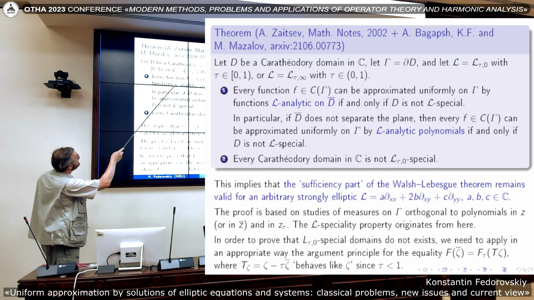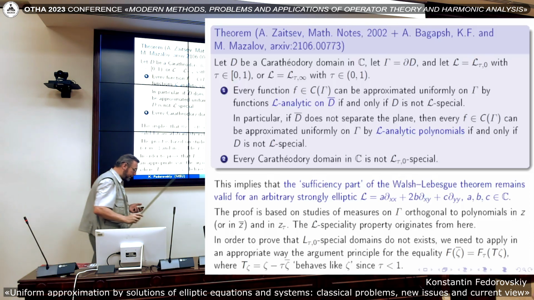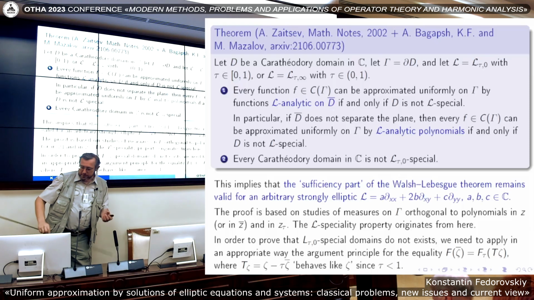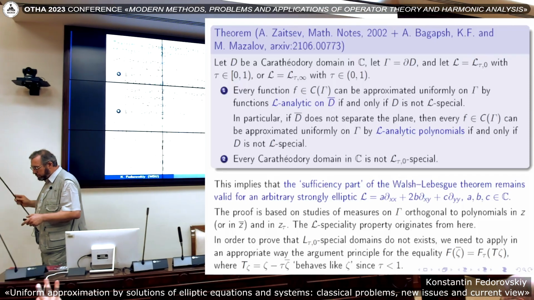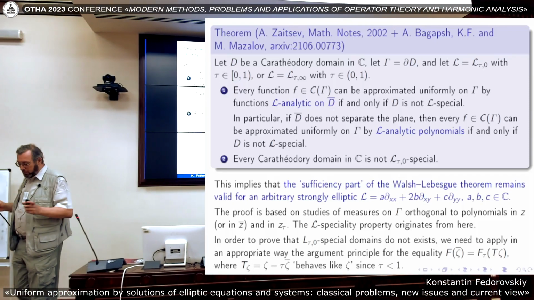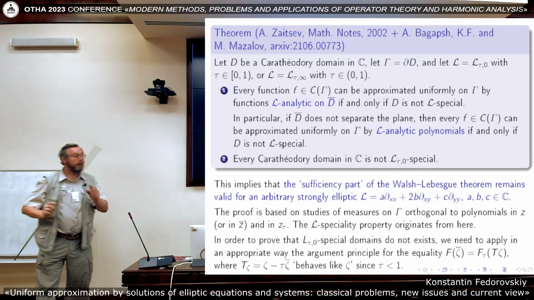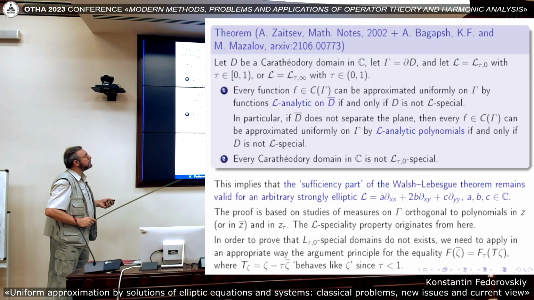Assume there is a Carathéodory domain in the complex plane. This Carathéodory domain is a domain whose boundary also coincides with the boundary of the unbounded connected component of its complement.